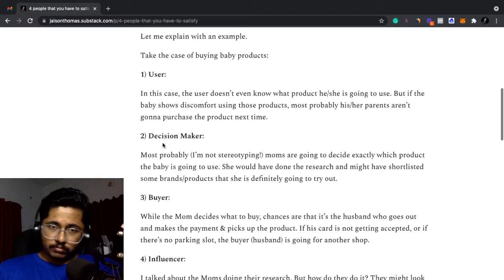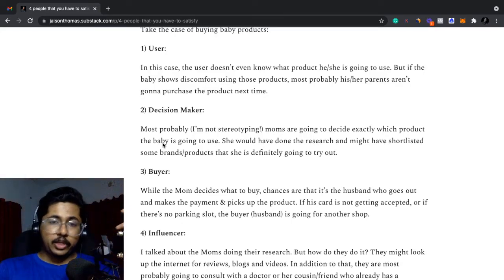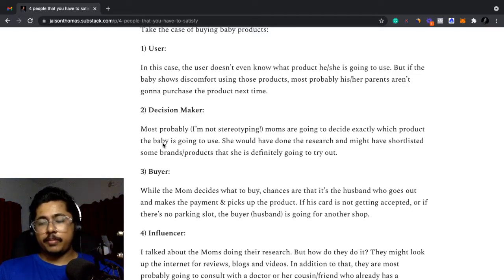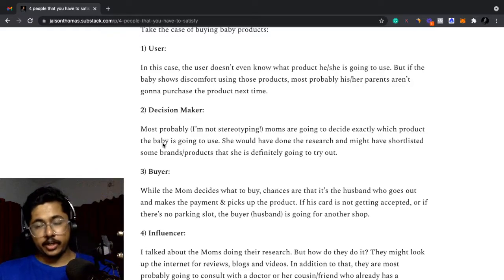And the same goes, for example, sometimes in B2B organizations. For example, if someone from your sales team needs a software, the user is that salesman or saleswoman, but the decision maker most probably will be the sales head or a CMO, etc., right? He or she is going to make that decision, not the end user, right?